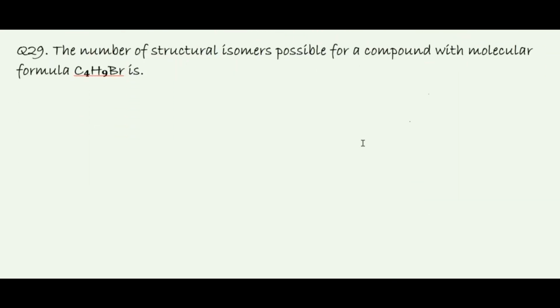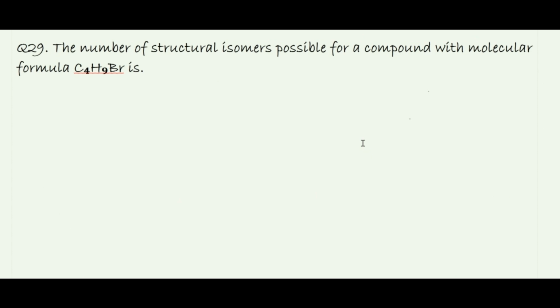Let's move on to the next question, a simple question. The number of structural isomers possible for the molecular formula C4H9Br. So it clearly refers that it is an alkane, so there is no unsaturation. C4 with Br at position 1, 2, 3, 4, or else you can substitute it in the second place, 2-bromobutane.